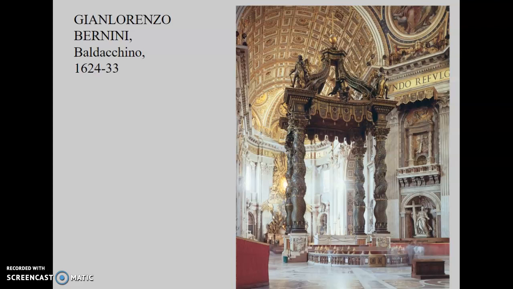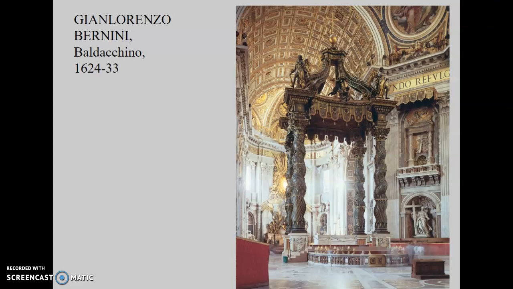There had been some version of a baldacchino in the old cathedral, and also in the new cathedral since it had been completed, but those versions were more temporary. They were made out of cloth and wood in most cases, and instead Bernini builds a 100-foot-high bronze statue.